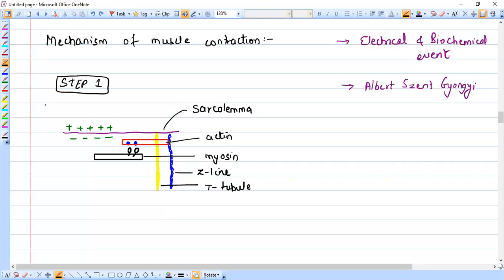What is this condition called? This is called the resting membrane. When I use this word, it means the cell is resting and not doing any kind of activity.